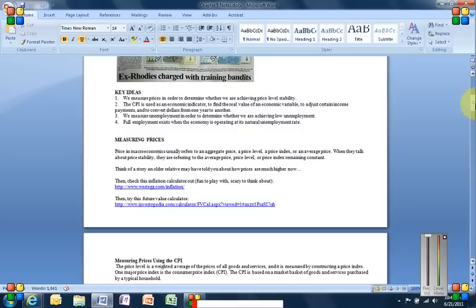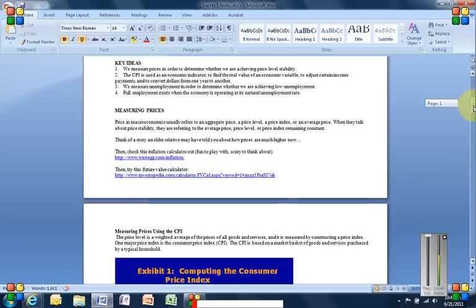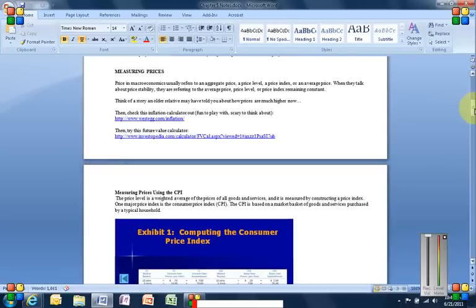Full employment exists when the economy is operating at its natural unemployment rate. Although it might seem a little bit counterintuitive, the natural unemployment rate does not mean that ideally, naturally, we're going to have a job for every single person that wants one, or even more specifically, that people are going to have jobs at all times if an economy is operating at its maximum potential with regards to the labor market. But let's get back to prices.